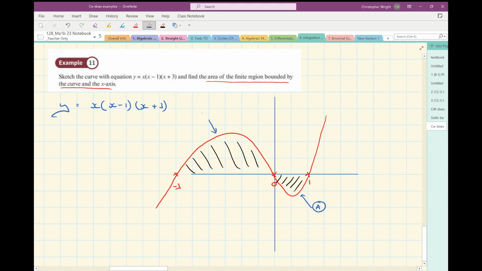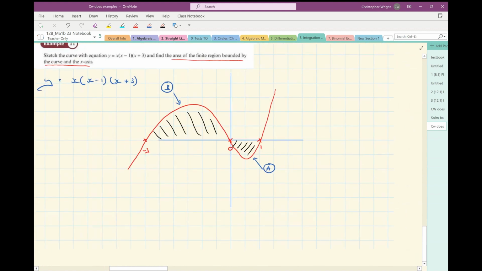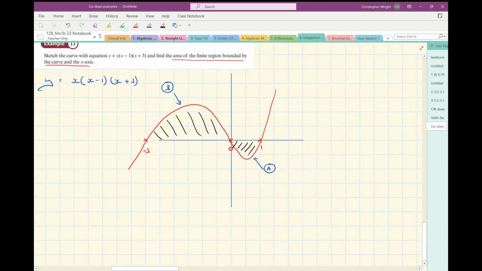And this area here, which I'll call region B, is going to end up as a positive answer. So I'm going to need to find each of those areas separately, and then combine them. All right. Now, let's first of all concentrate on area A.